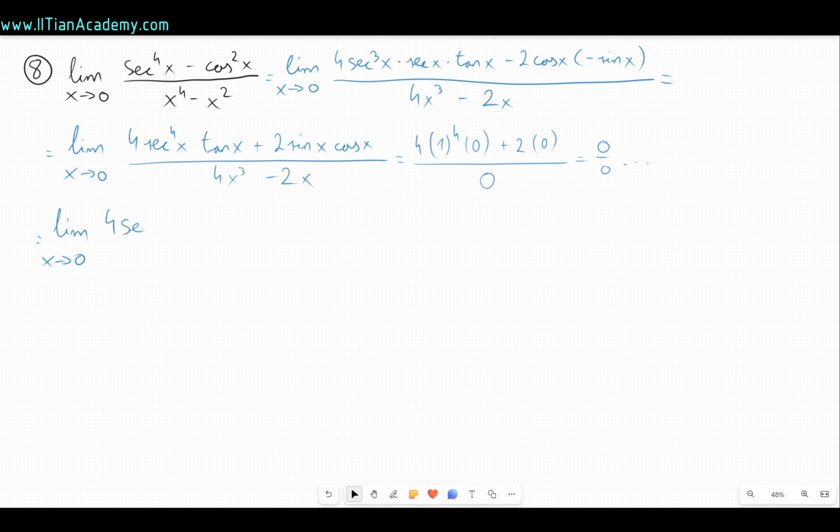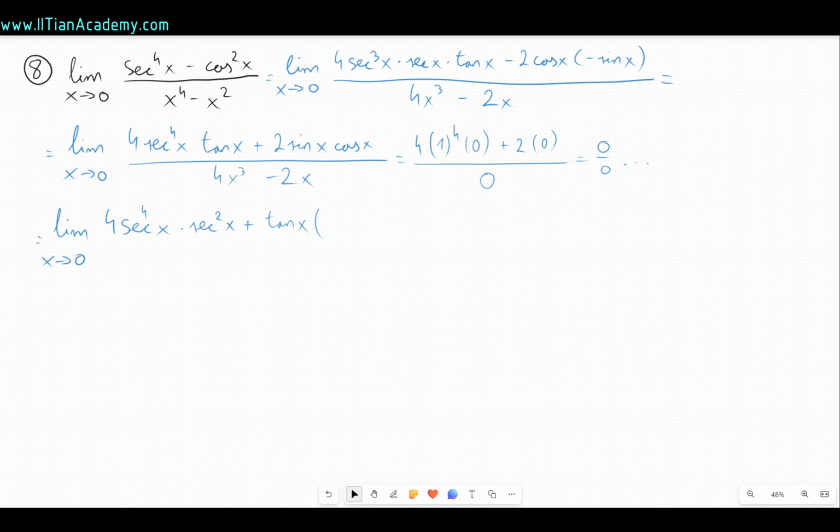So we have this secant to the 4th x like this, and then times the derivative of the second one, which is going to be secant squared x, and then we add tangent of x times the derivative of the first one.